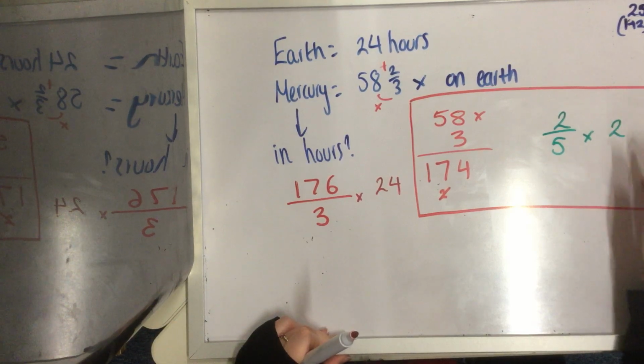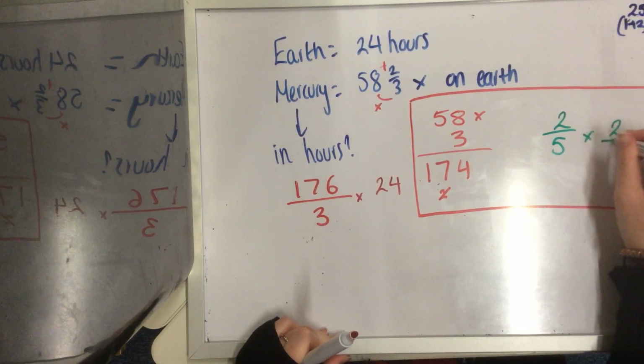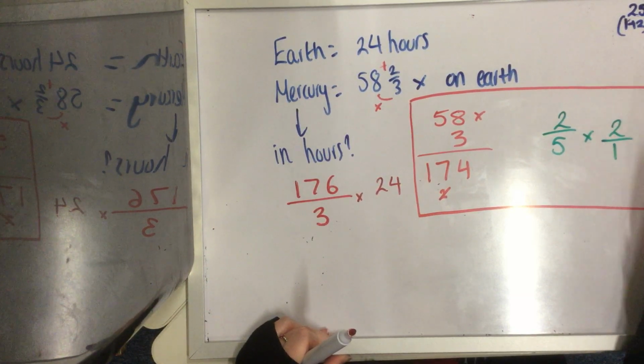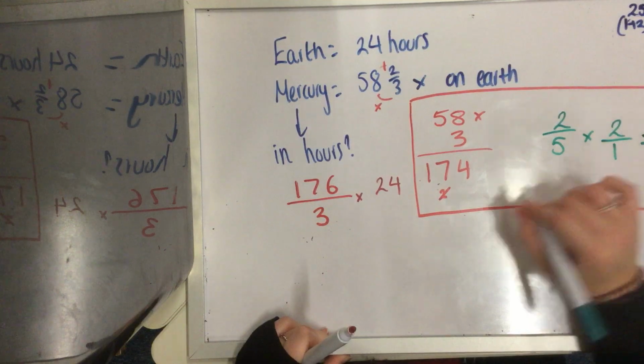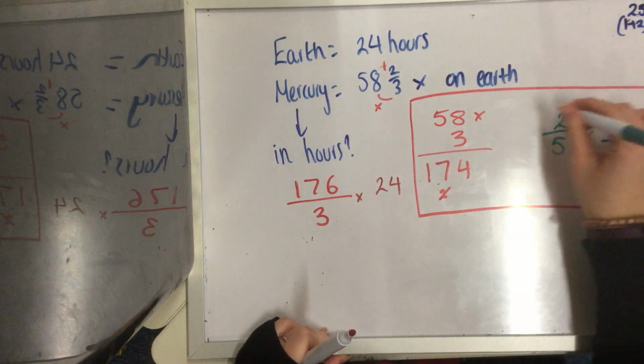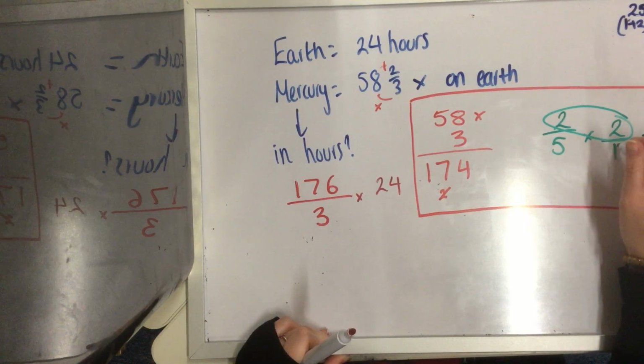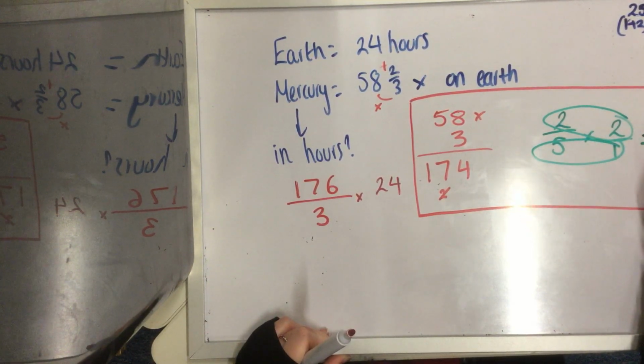What you can do is you can just put the whole number 2 over the value of 1, because it hasn't affected the value of the fraction at all. The fraction is still 2, but you're just putting it over the value of 1. And then you do the exact same. So you multiply 2 by 2, which gives you 4. Then you multiply 5 by 1, which would give me 5.